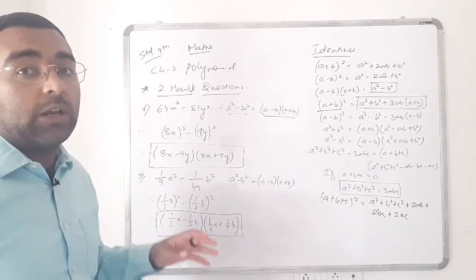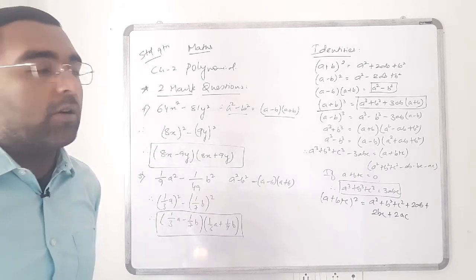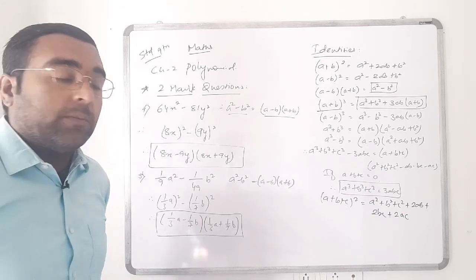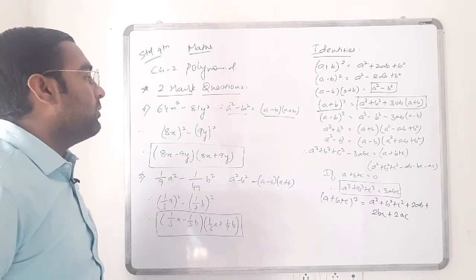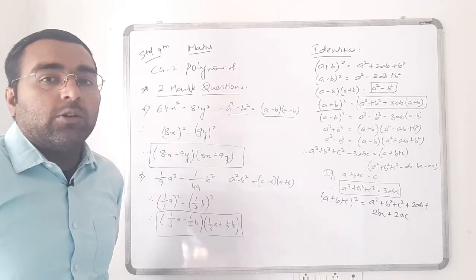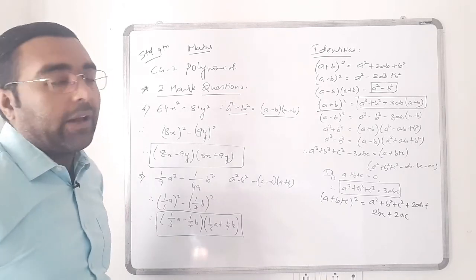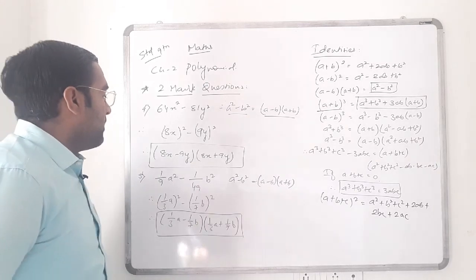This is a step to take marks. This is the method to take marks, because whenever you write the identity in the identity-based sums, at that moment you score half a mark with the help of writing just the identity of that sum.